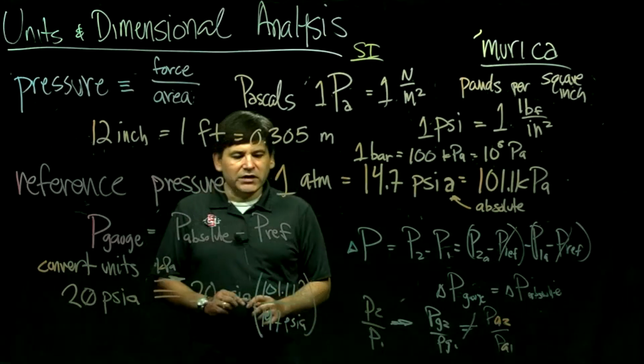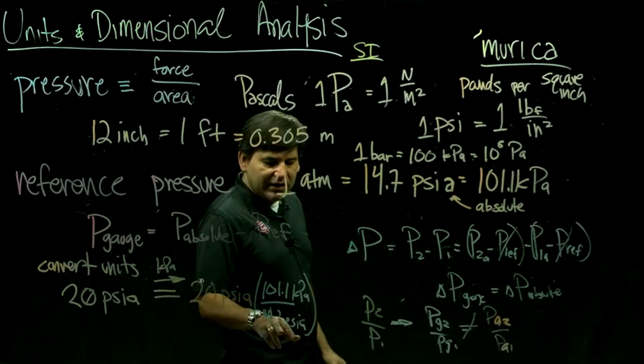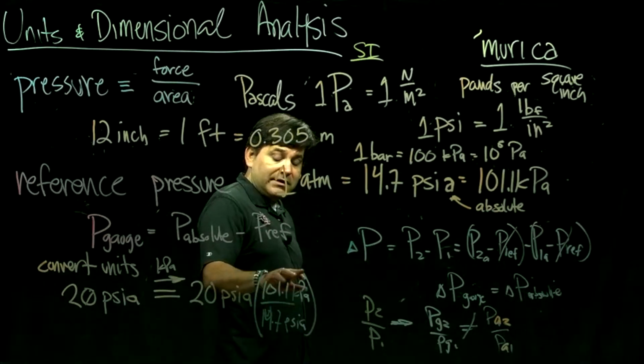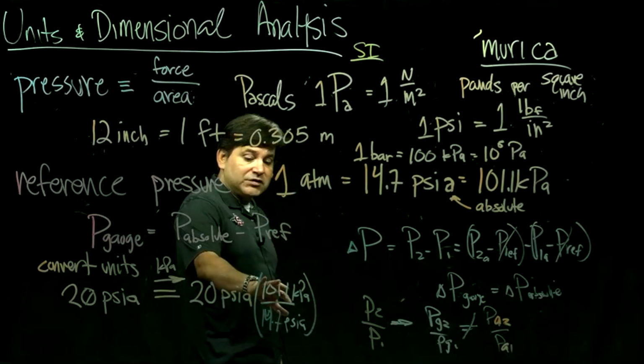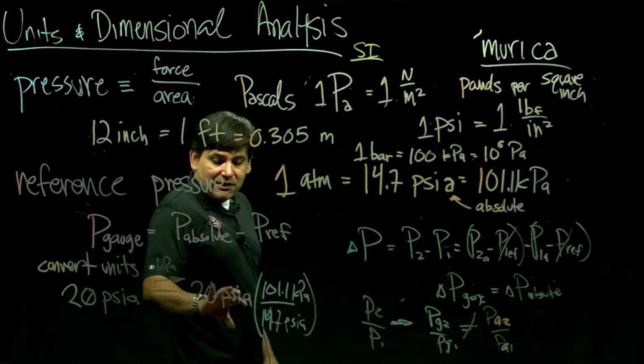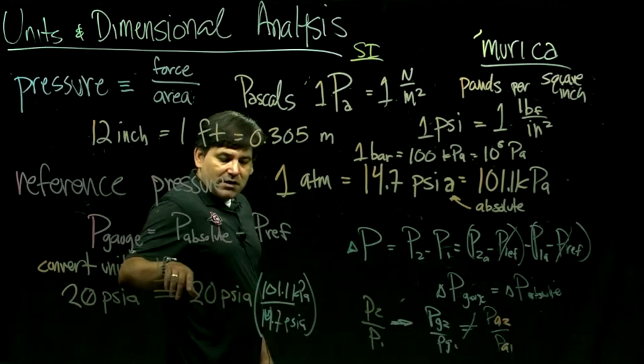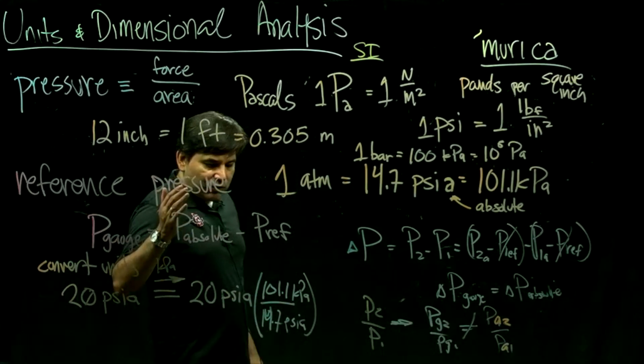So in terms of the units, 14.7 psi absolute would give you 101 kPa of absolute pressure in SI units. And this is a 1-to-1 ratio in terms of the value of the actual pressure.